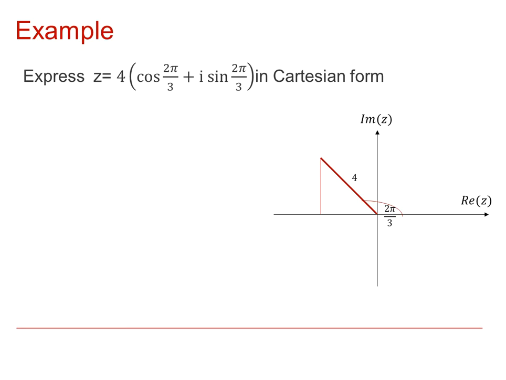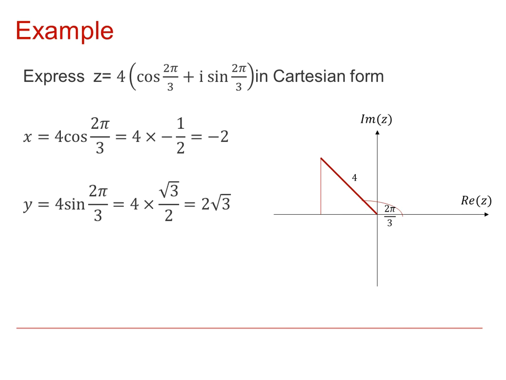So here's an example where we've got the modulus r equal to 4 and the argument theta is 2 pi over 3. Therefore x we can get by 4 cosine 2 pi over 3, which is 4 multiplied by negative a half, which is therefore equal to negative 2, and y is 4 sine 2 pi over 3, which is 4 root 3 over 2.